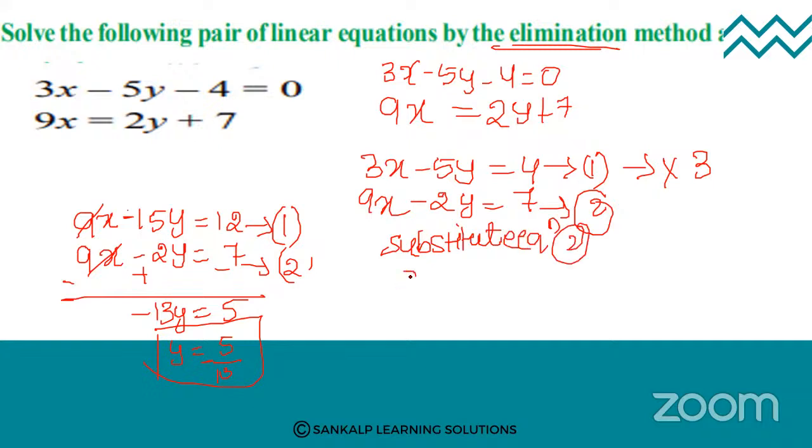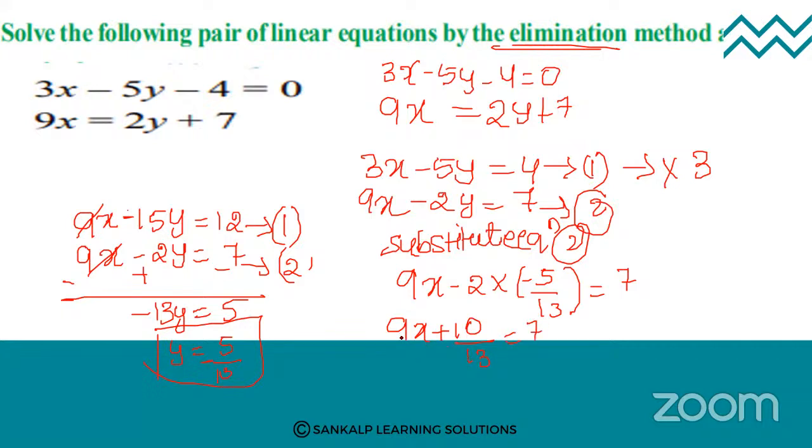What you will get? 9x minus 2 into minus 5 divided by 13 is equal to 7. So 9x, minus into minus is plus, 10 divided by 13 is equal to 7. Right?